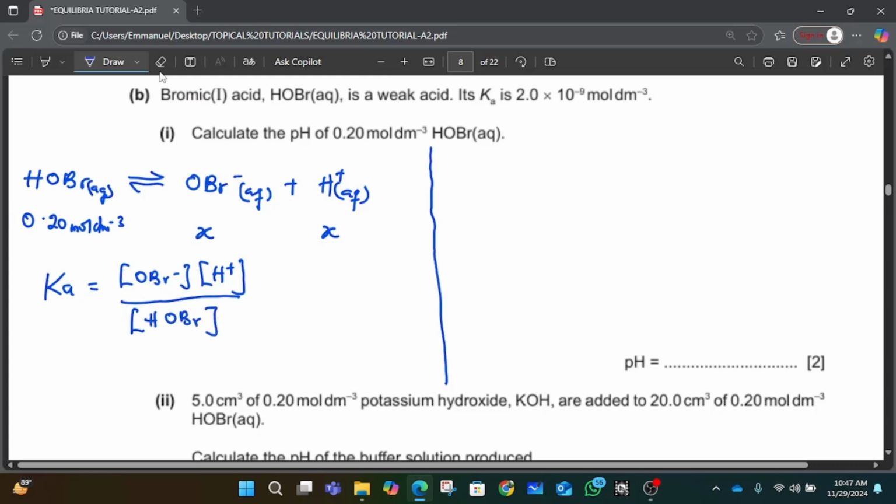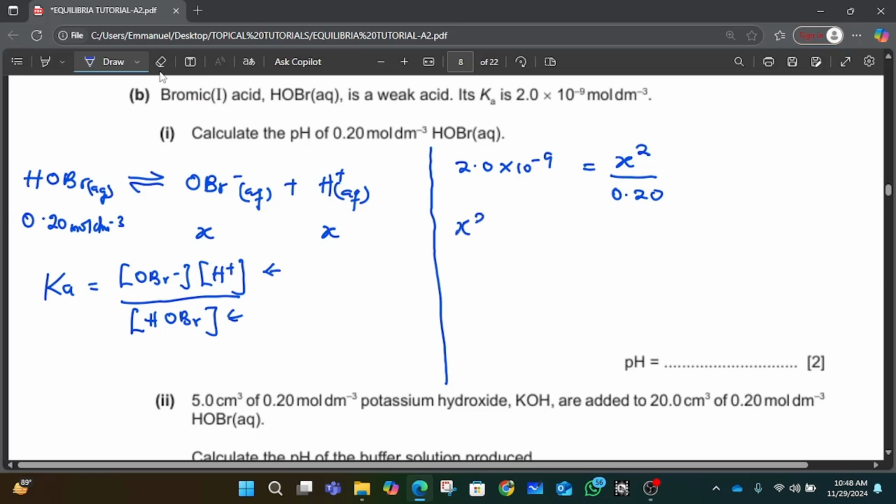Ka is 2.0 times 10 power minus 9, and the concentration of the OBr minus ion is the same as the concentration of the H plus ion, and they are both x, and so x times x will give us x squared divided by the concentration of the acid, which is 0.20.